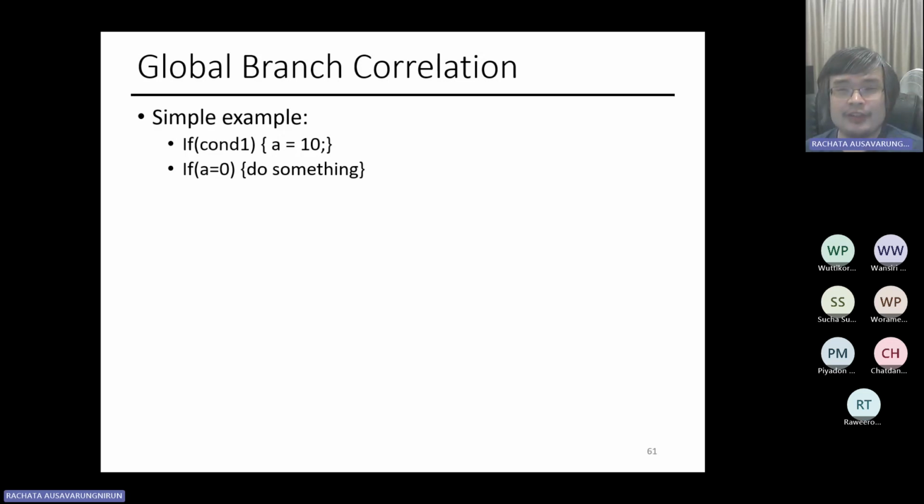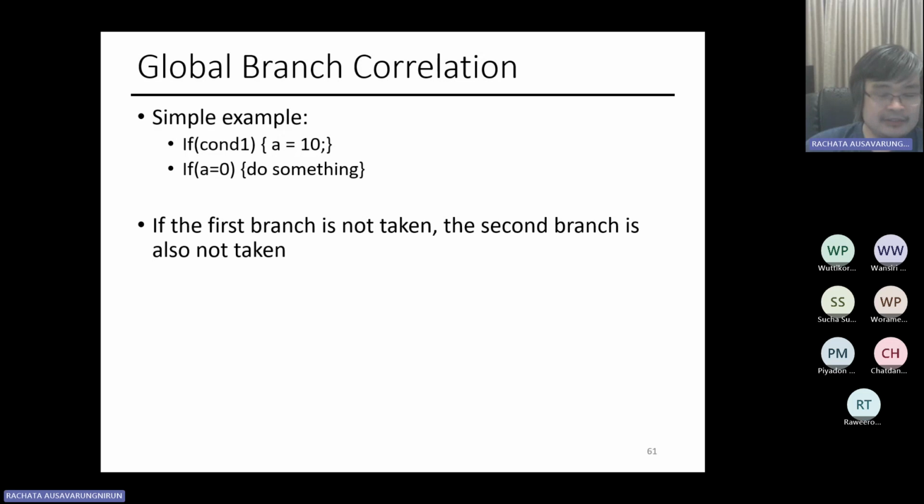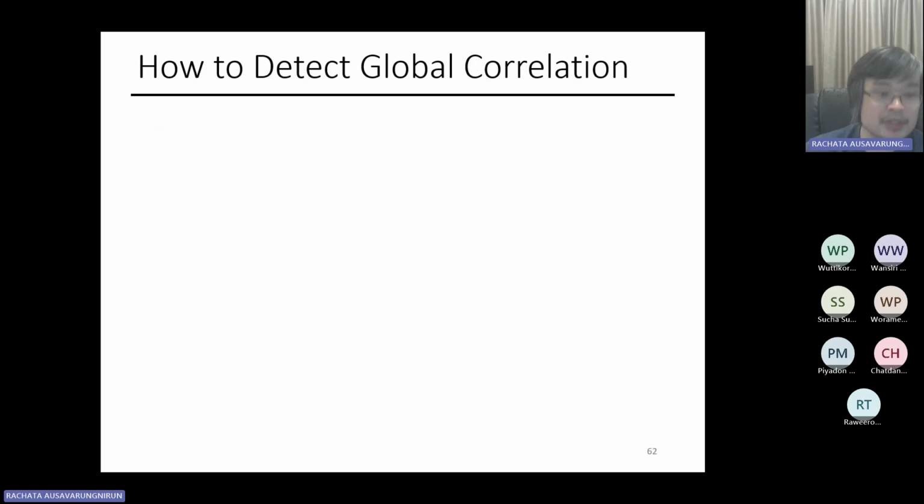If condition 1 is not true, then the second if might be true. And that's the correlation across the branches, right? Because the code that you execute in one of the if-else blocks might affect the outcome of a future if-else.